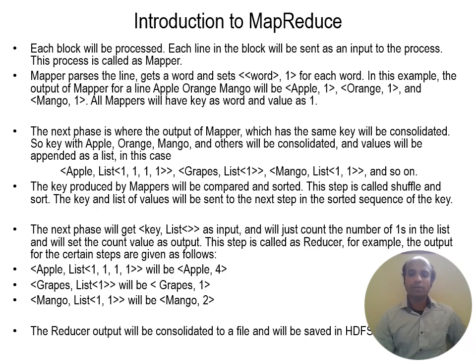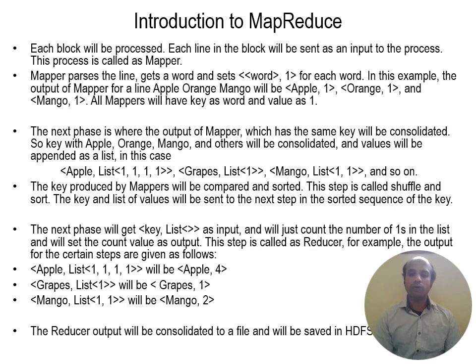For example, the output for the certain steps is given as follows. So apple, with the list 1, 1, 1, 1, will be apple, comma 4. This is the key and the value. So the key is apple and the value is the number 4. The same way, grapes, the list is 1, so it will be grapes, comma 1.